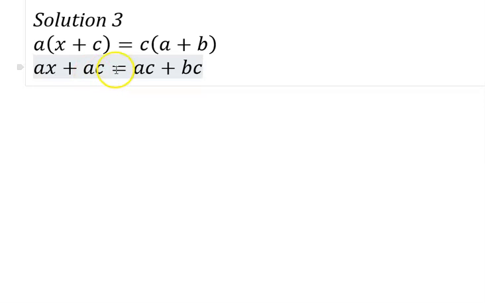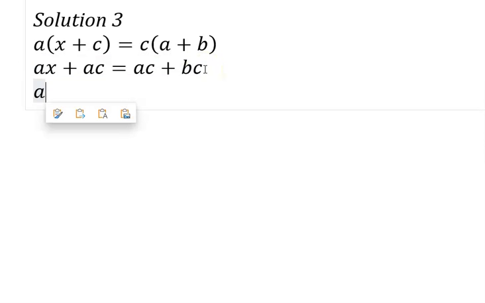So let's first of all transfer this ac across this equality sign, so that our ax will now equal ac plus bc. Now transferring this ac across this equality sign, it means the sign will change.